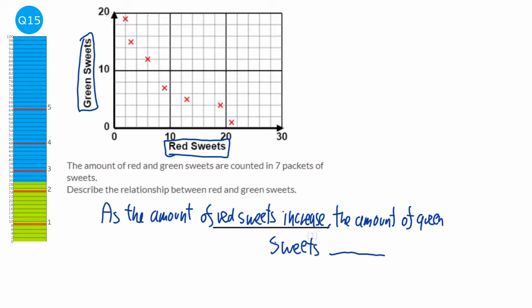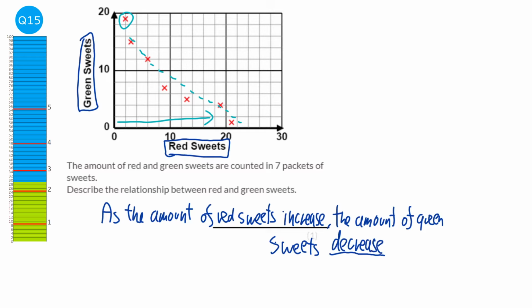So what we do is we look at what happens as we're going to the right, as red sweets increase, what's happening to the green sweets. Well, the green sweets start really high and then slowly are going down and down. So the word here is decrease.